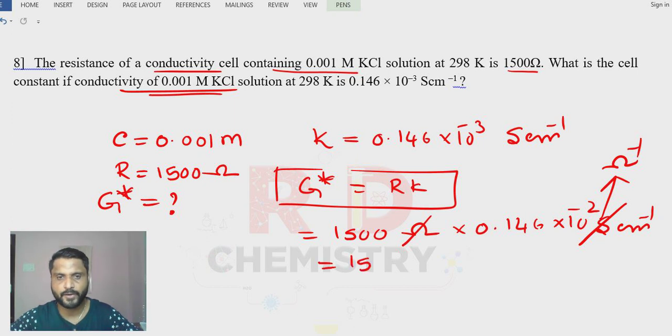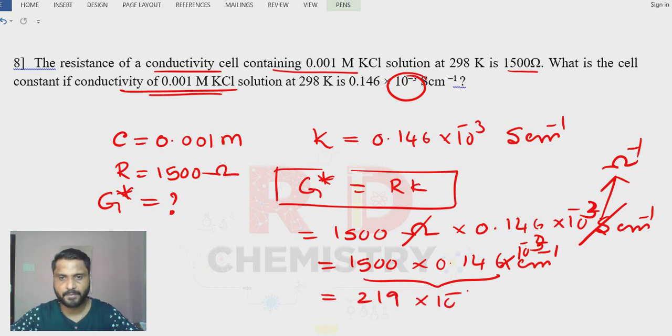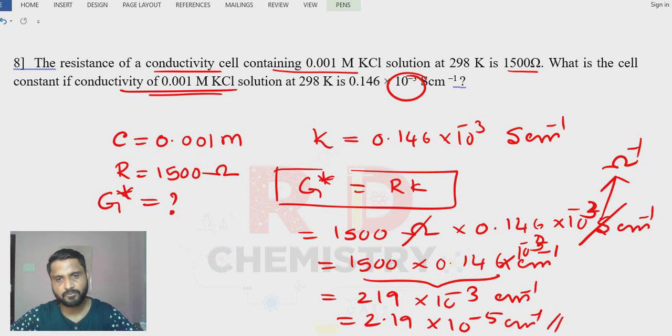It is equal to 1500 into 0.416 in terms of centimeter inverse, with 10 power minus 3 as given in the question. So this product would be equal to 219 into 10 power minus 3 centimeter inverse, or I can also write 2.19 into 10 power minus 5 centimeter inverse.